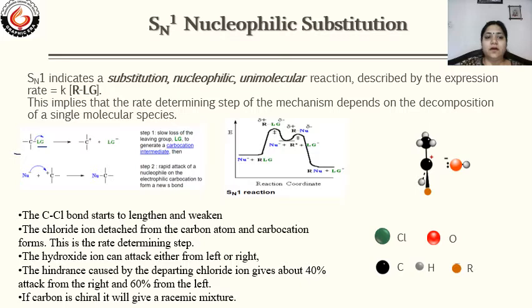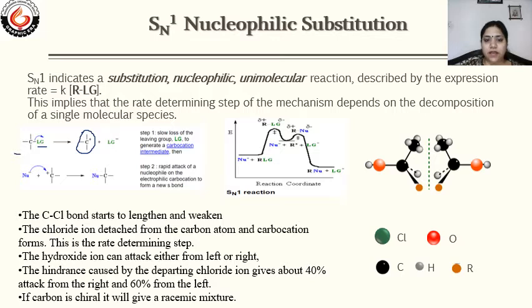Here the carbocation is formed when the leaving group leaves the carbon skeleton. So obviously the leaving group retains its negative charge and a positive charge is over the carbon. So the carbon skeleton becomes a carbocation and the nucleophile will attack the positive charge because the nucleophile is nucleus loving, or you can say positive charge loving.